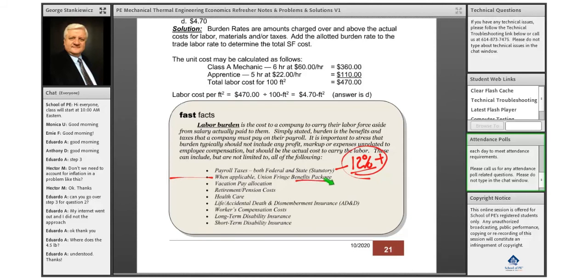It has fringe packages of your vacation pay, health care, life insurance, disability insurance and the like, all part of the burden. Your employer has to pay all of these insurances for you, and effectively that's what the burden amount is.